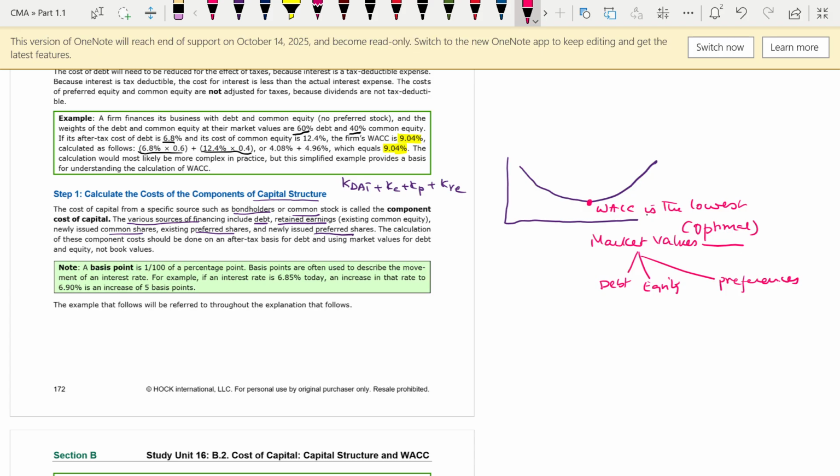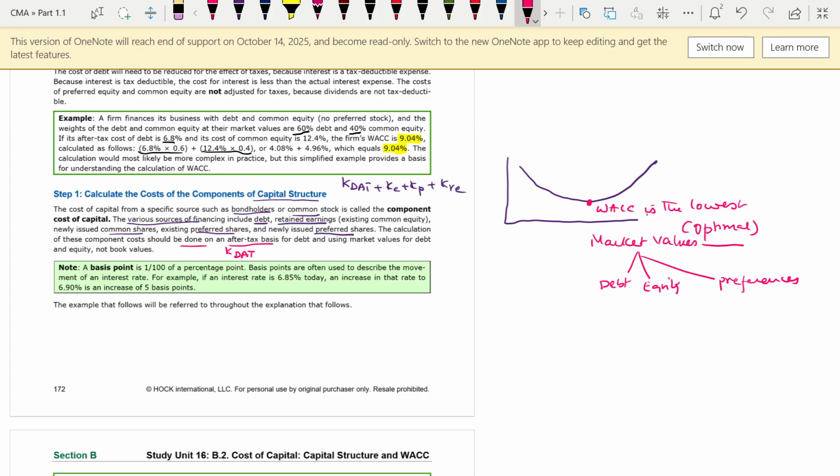The calculation of these component costs should be done on an after-tax basis. We use this where it is applicable: cost of debt after tax. Others are after tax only. Specifically, they will give the cost of debt before tax and they will give the tax rate.